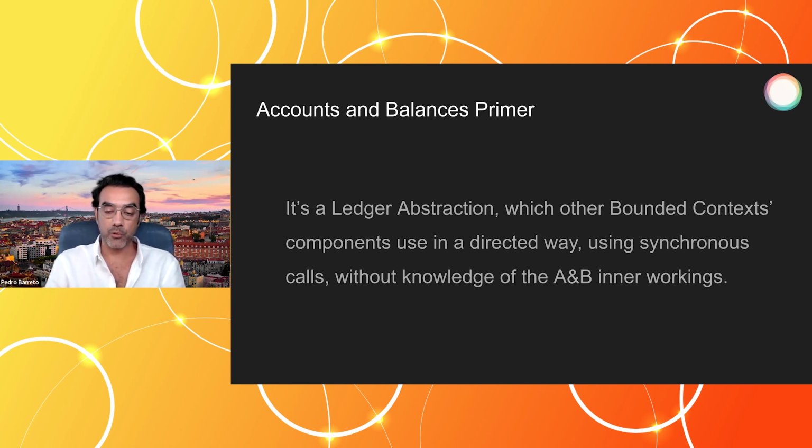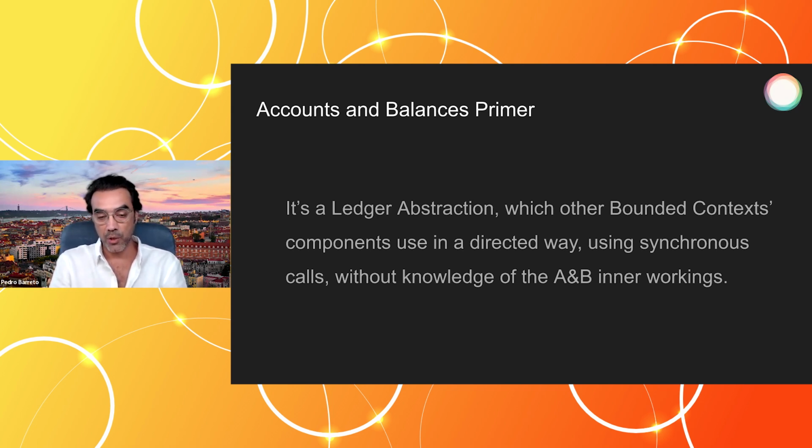So basically they say, create an account, give me the balance of an account, create entries on an account, and they use this in a directed way. And by that, we mean they don't participate in the usual event-driven saga approach that we have for the rest of the system, which we do for performance reasons. In here, we use it in a synchronous mechanism in a directed way so that we can guarantee the consistency of the changes in the accounts.